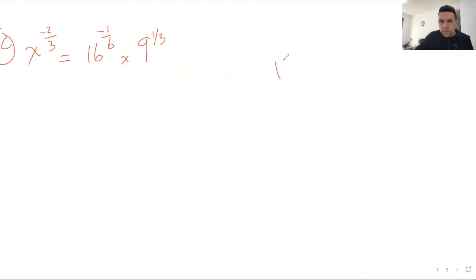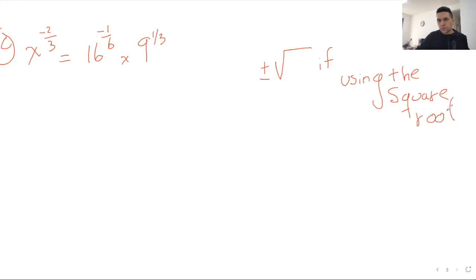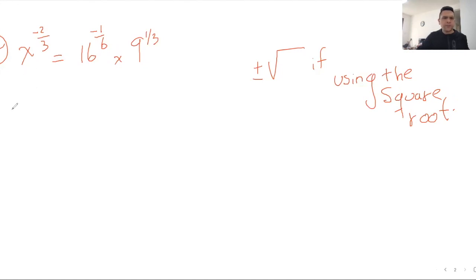Once again, remember that we have plus or minus, positive or negative. So you have 2 answers if you use the square root. In this case, I'm going to do the same. I'm going to raise all of this to the negative reciprocal, right?